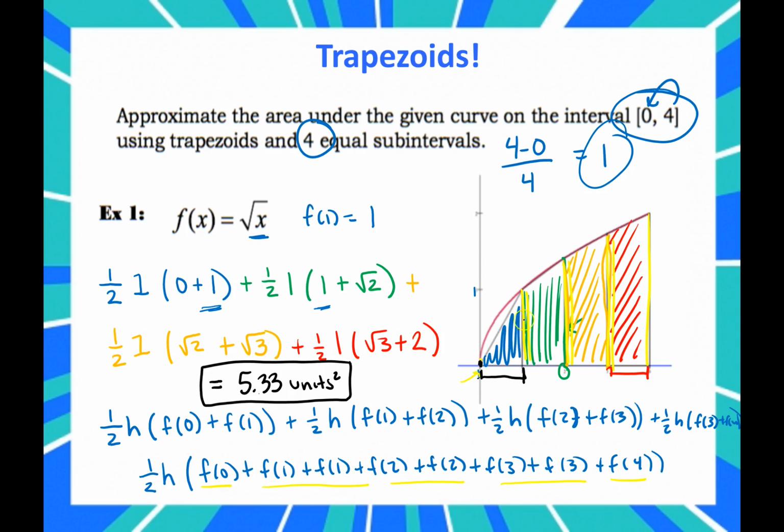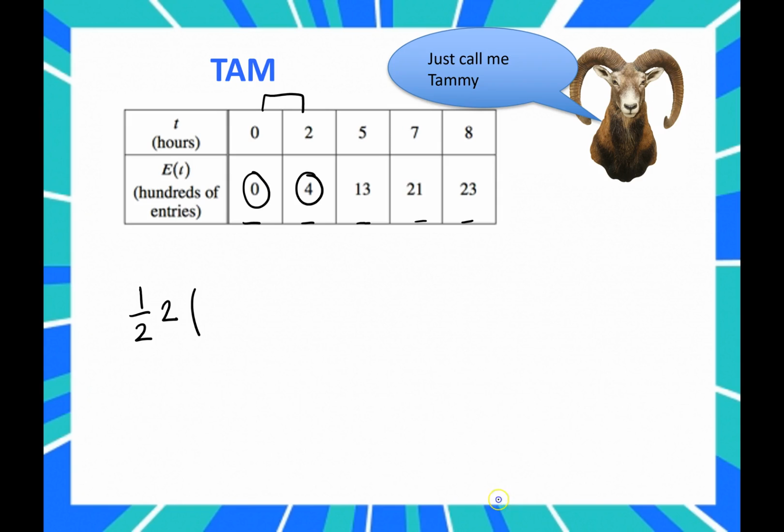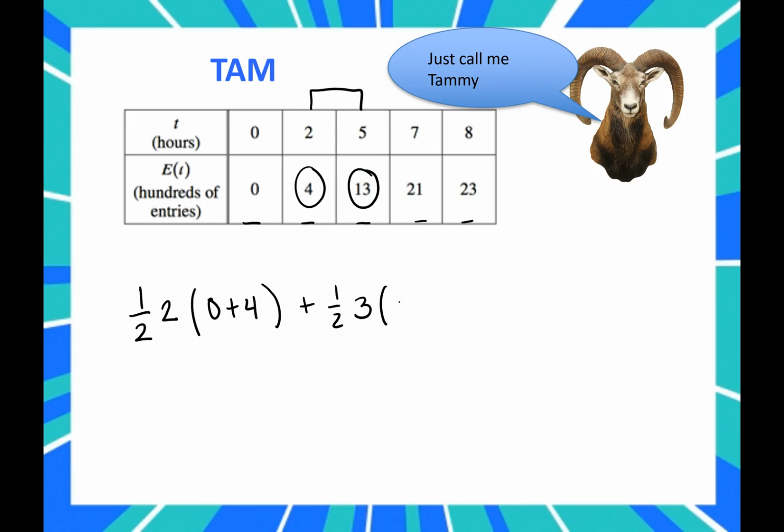Notice here I'm using this y, which is 0, and that y. So I'm going to have 0 plus 4. So that's 1/2 the height, and then base 1 plus base 2. Now, unfortunately, you might notice that we don't have even increments of heights, meaning from 2 to 5, it's actually a height of 3. And then here we're going to have 4 plus 13.